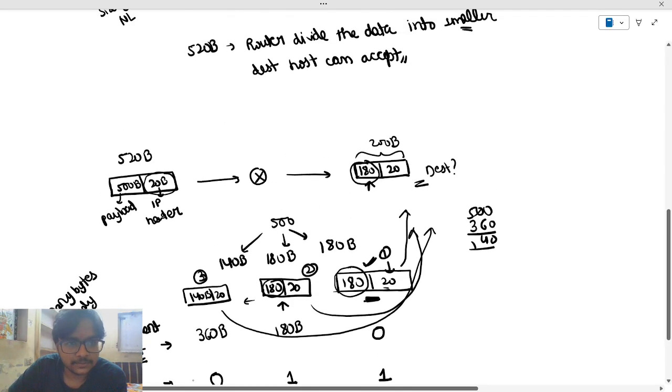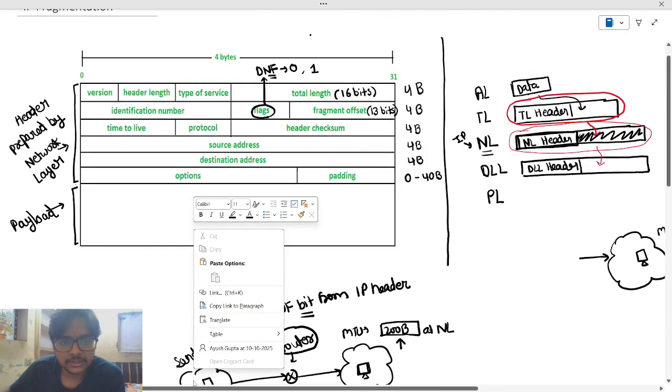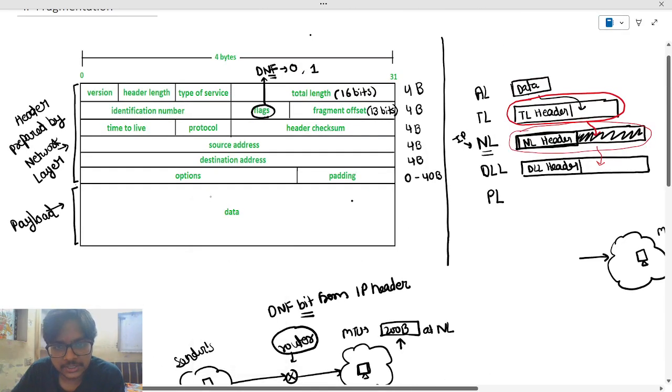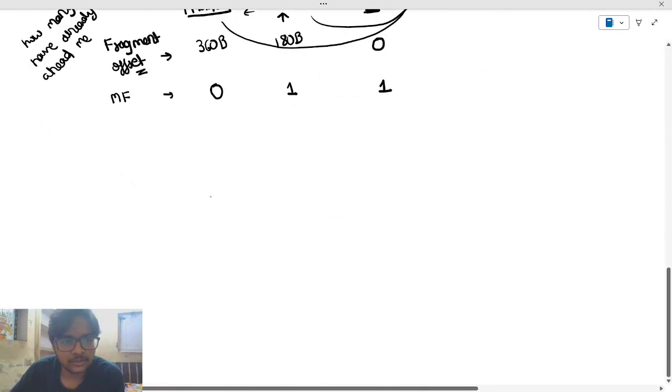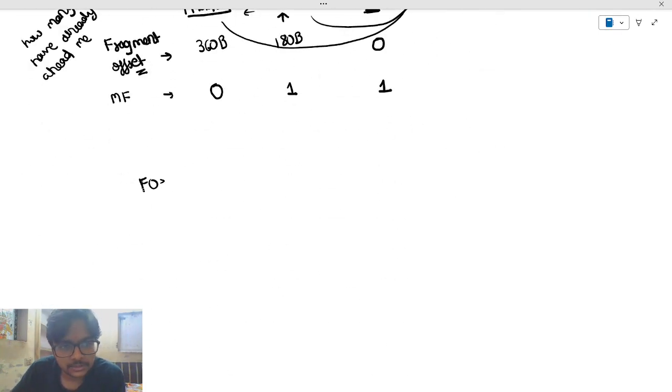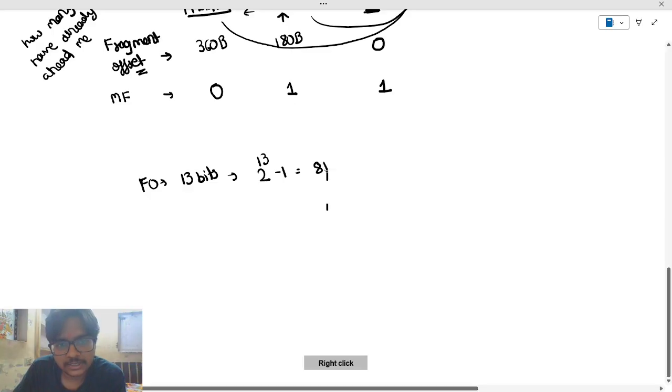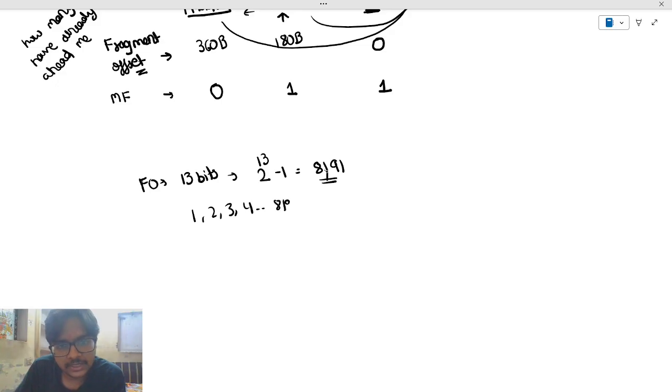Now there is a problem. As you can see here, the fragment offset is only 13 bits. That means it can represent up to 2 raised to the power 13 minus 1, that is 8191. So there can be 1, 2, 3, 4, and up to 8191. These are the different numbers that can be put in the fragment offset field.